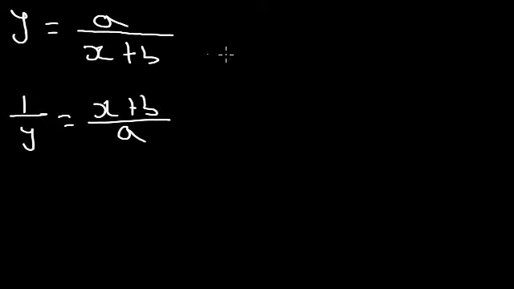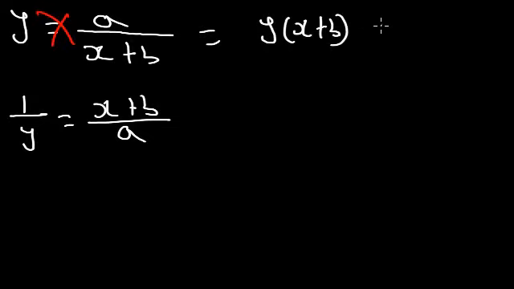Some of you might be wondering how that is possible. So here's the way we can show it. Let's cross multiply in the first place. If we cross multiply, we can clearly see that it will be equal to y multiplied by x plus b, and that's going to be equal to a. Since our main goal is just to turn it to something like this, I will divide both sides by y.